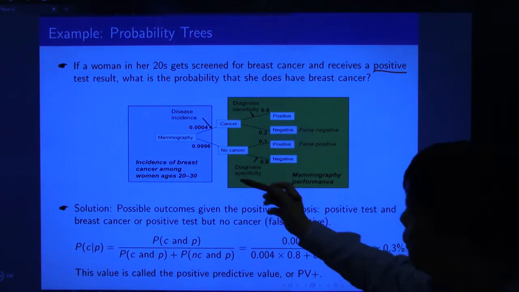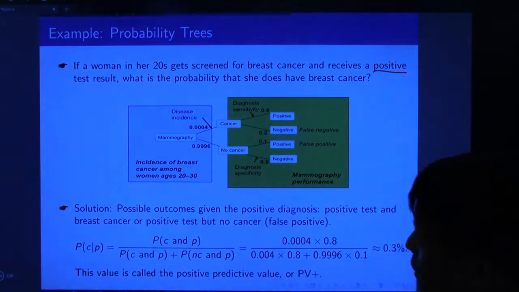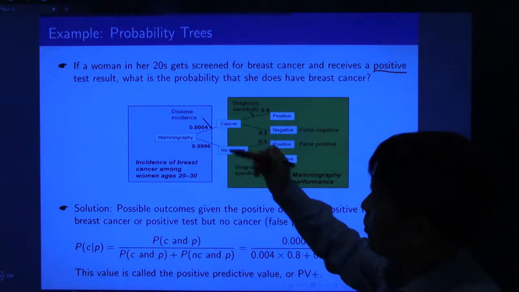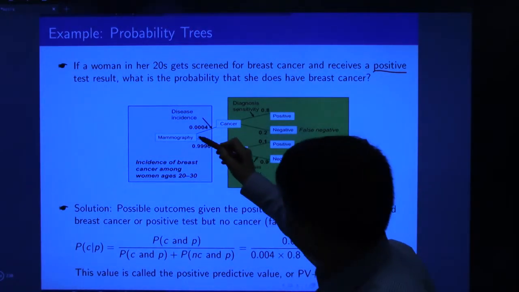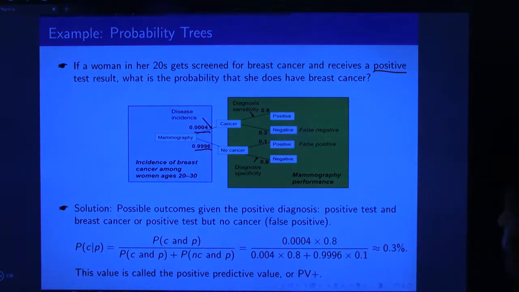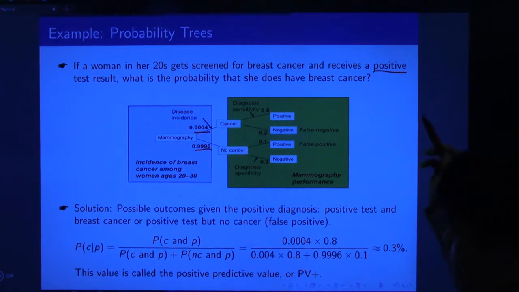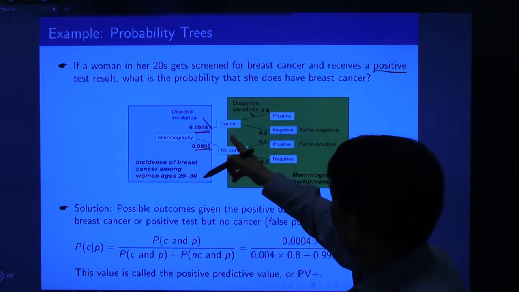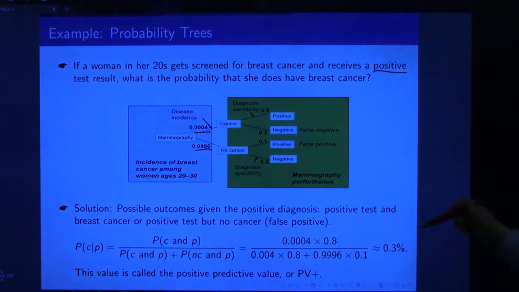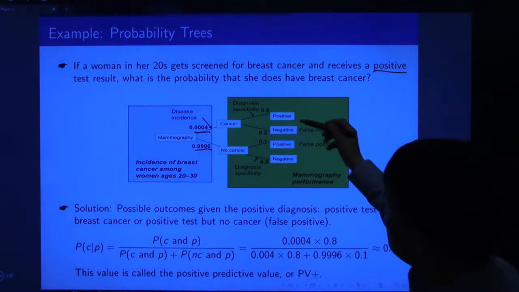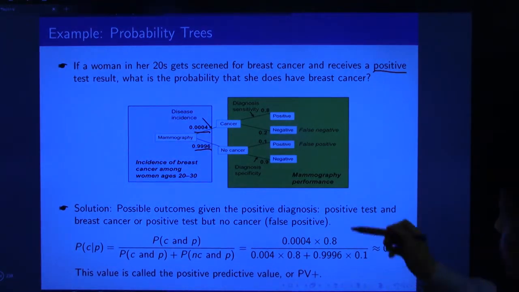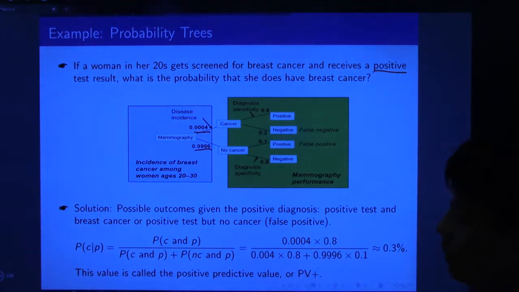And 99.96% of this group don't have breast cancer. Right? So these are the facts. We know this. And for those who have breast cancer, the screen will show positive only 80%. The other 20% it will show negative. That means the screen says no cancer.